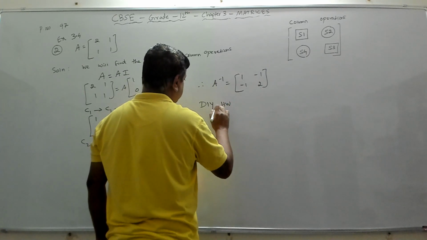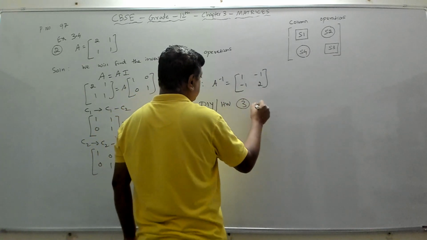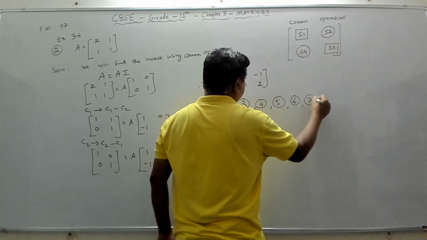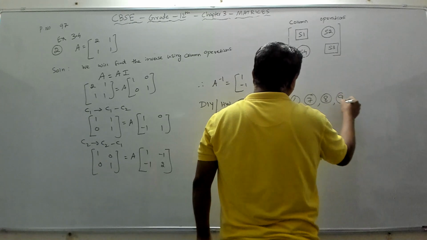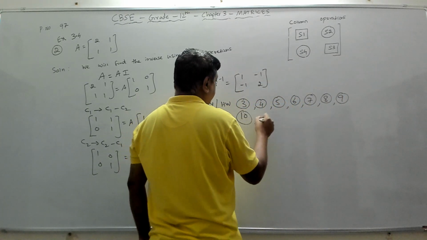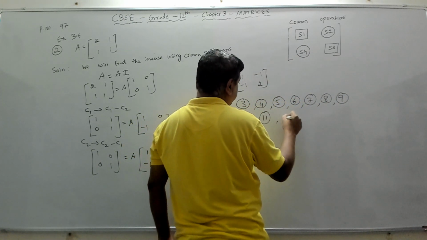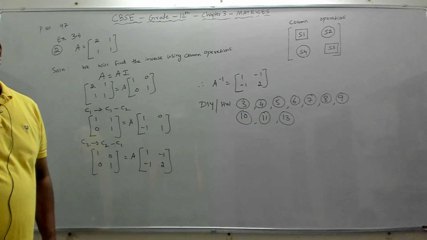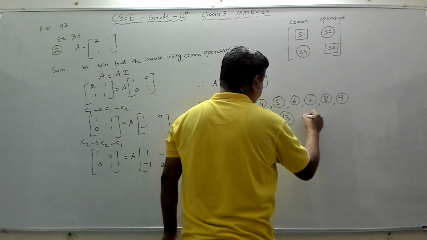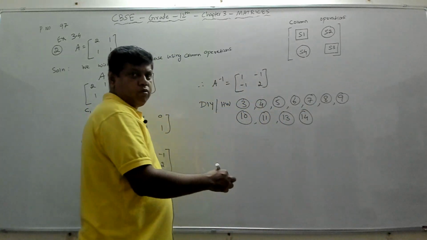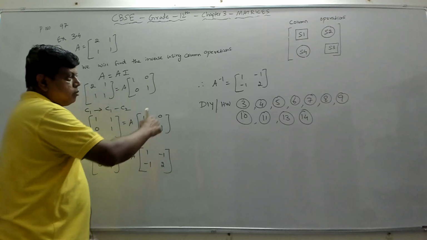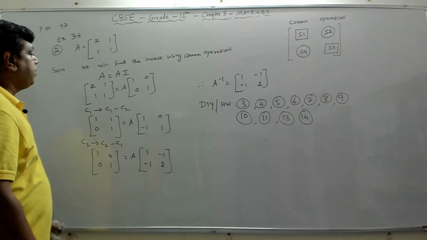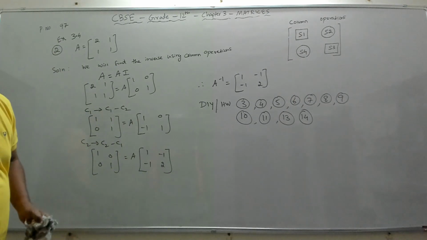You can do the third problem, 4, 5, same method, 6, 7, 8, 9, then 10, then 11, 13, all this. And 14. I will do the 12th one. All the 2 cross 2 matrices, you have to find the inverse using the same logic. Fine. So I will do problem number 12.